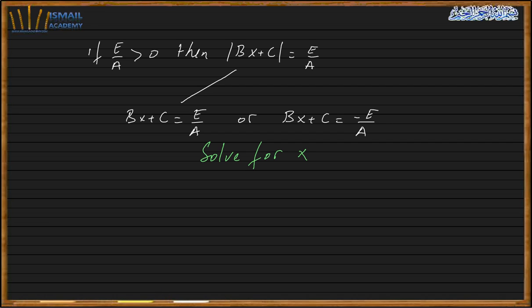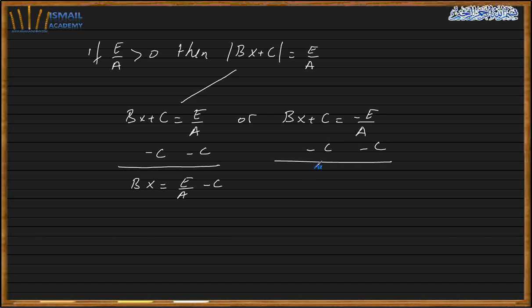Alright, so let me give you an example. You know what, let me solve for x because I don't like some students see it and they stop there. So here what we do, we minus c both sides. So I got bx equal e over a minus c. The same thing here, minus c both sides. I got bx equal minus e over a minus c. Then after that, this is just a number.